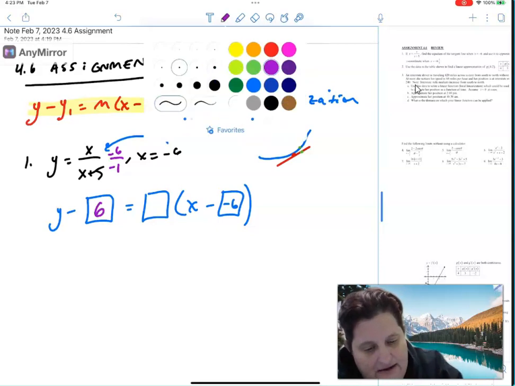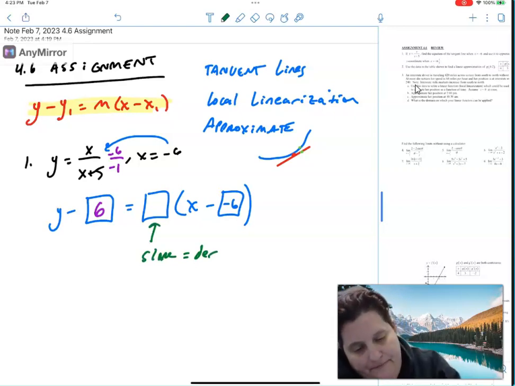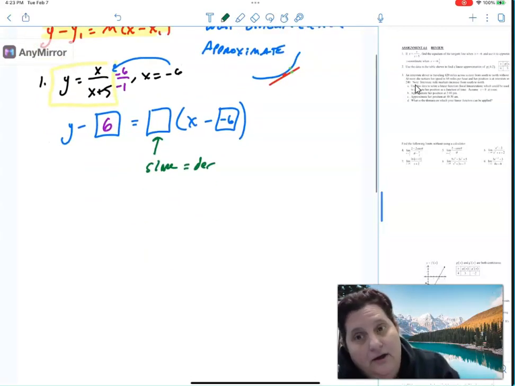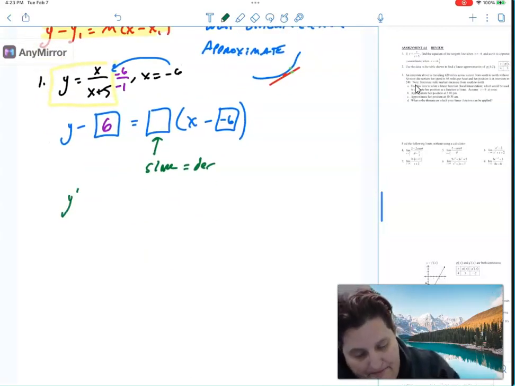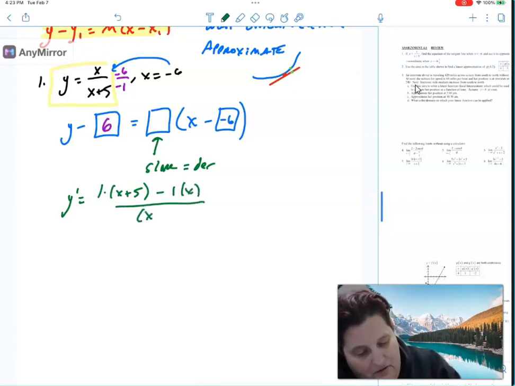Okay, and then I need to find the slope. And you guys know the slope is the derivative, okay? So let me take this right here and do a derivative. This is going to be a quotient rule, okay? Derivative of the top times the bottom minus the derivative of the bottom times the top, over the bottom squared.